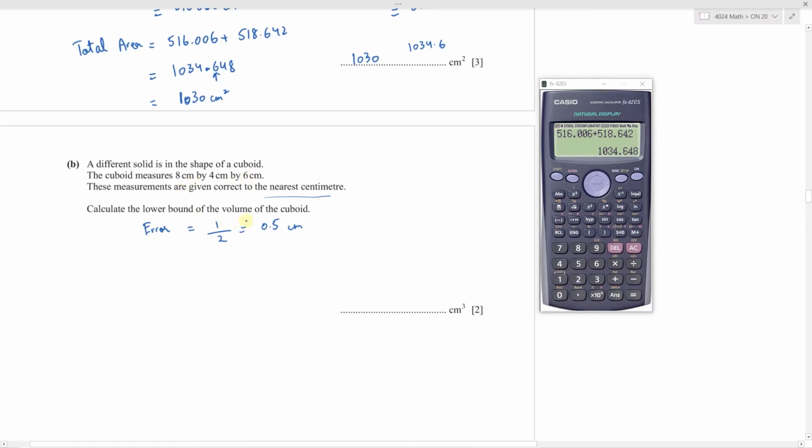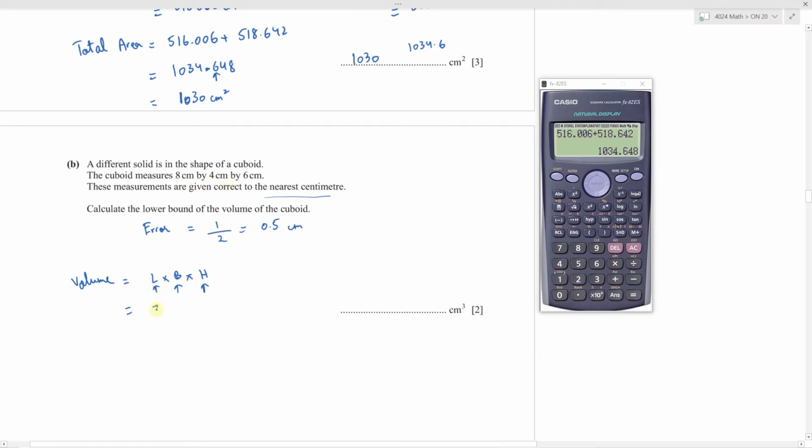Now to find the lower bound of the volume, so volume is what? Length multiplied by breadth multiplied by height for the volume of cuboid. To calculate the lower bound of the volume, I need the lower bound of length, lower bound of breadth, and lower bound of height. So I'll subtract the error value from each of these.